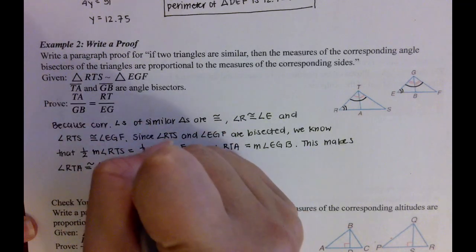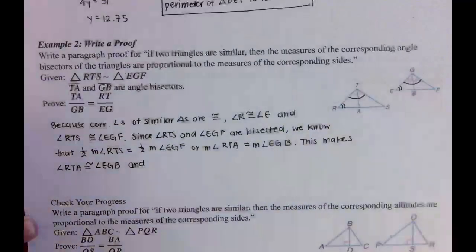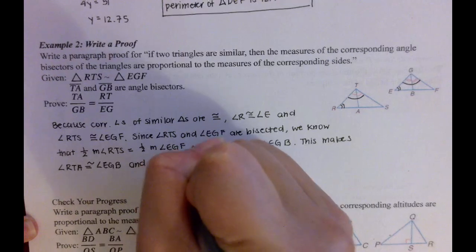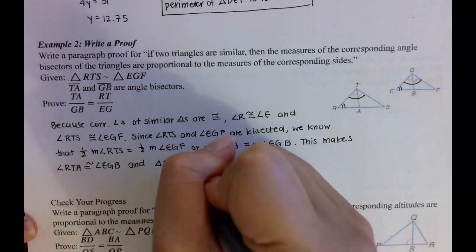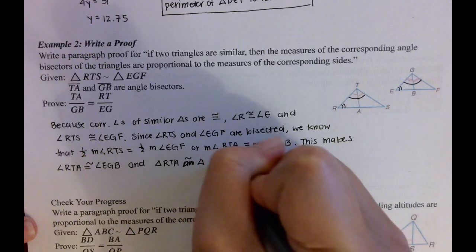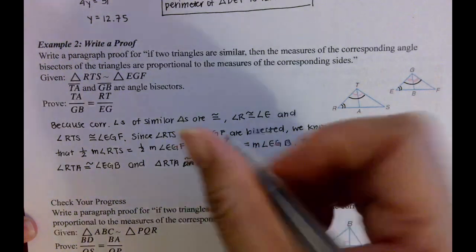And so as a result, now that we have this pair and this pair being congruent, we can prove that the smaller triangle RTA is similar to triangle EGB by our angle similarity theorem.